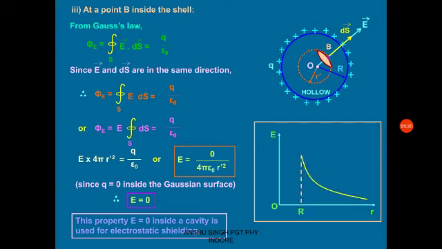Inside the shell it is 0, and as soon as it becomes R, that means on the surface of the shell, it is maximum, and E is inversely proportional to R square. That's why it decreases here. It is maximum at r equal to capital R, that is the radius of the shell.